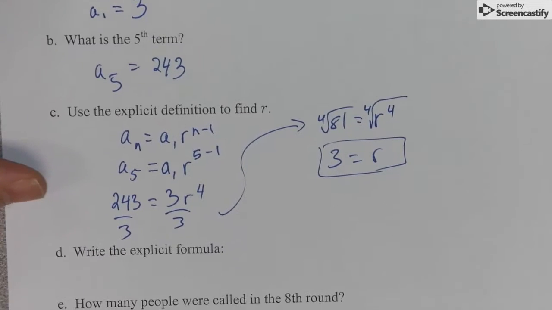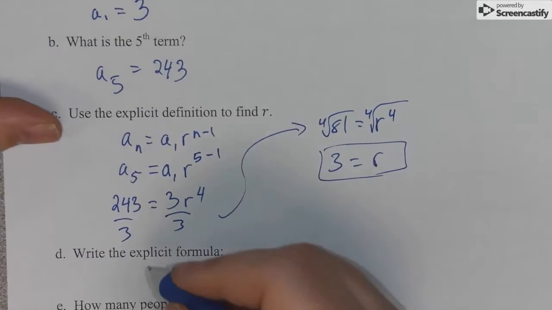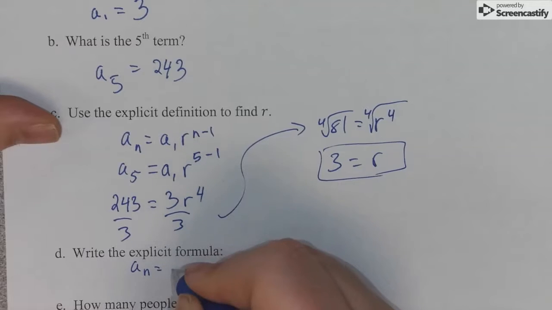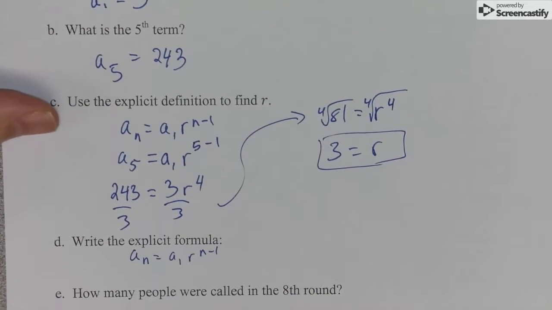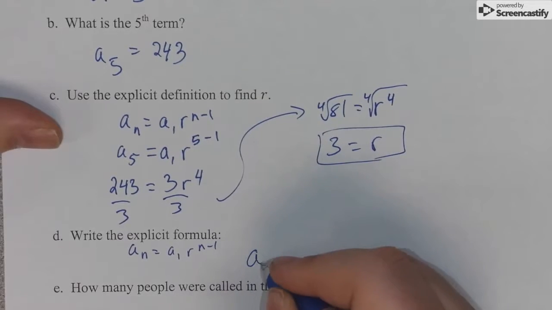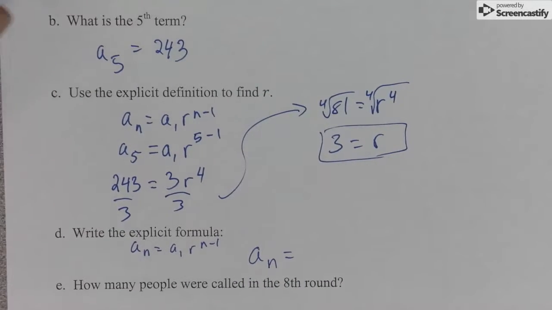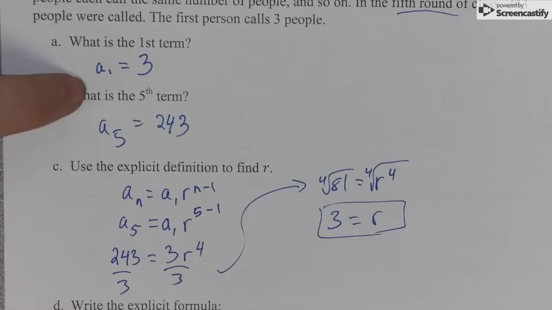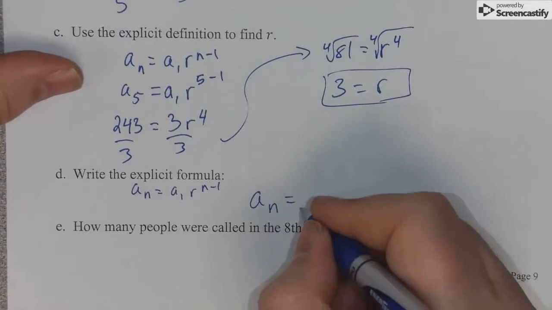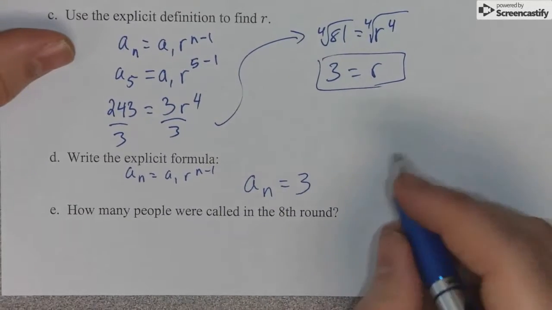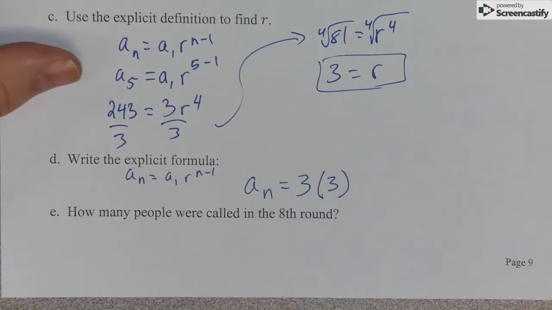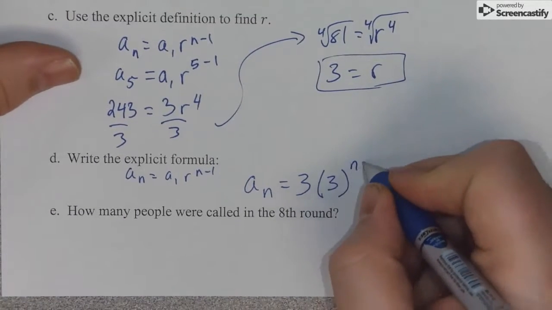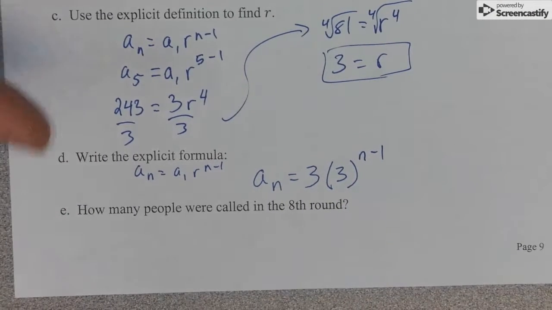To write your explicit formula, remember the explicit formula is A sub n equals A sub 1 times r to the n minus 1. So your explicit formula is A sub n equals A sub 1, which we identified as 3. Your common ratio, we just found that is 3 as well. And then n minus 1 power.